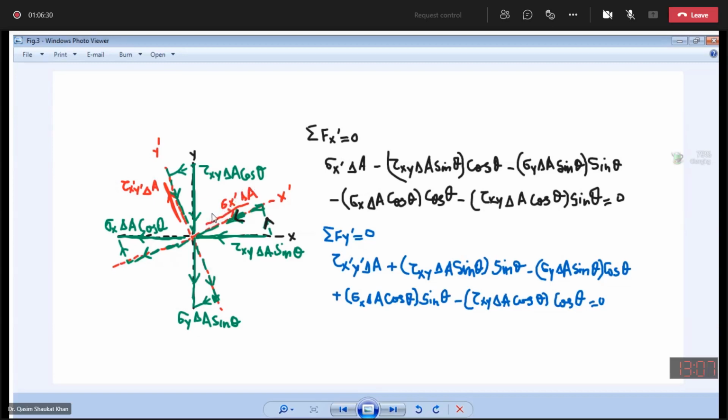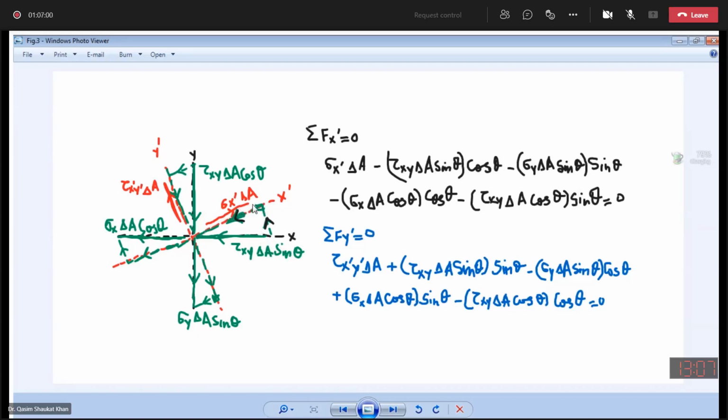Now this force sigma x dash delta A is pointing towards the positive x dash direction. So this will be positive sigma x dash delta A. Then next is tau xy delta a sin theta and its component along this.